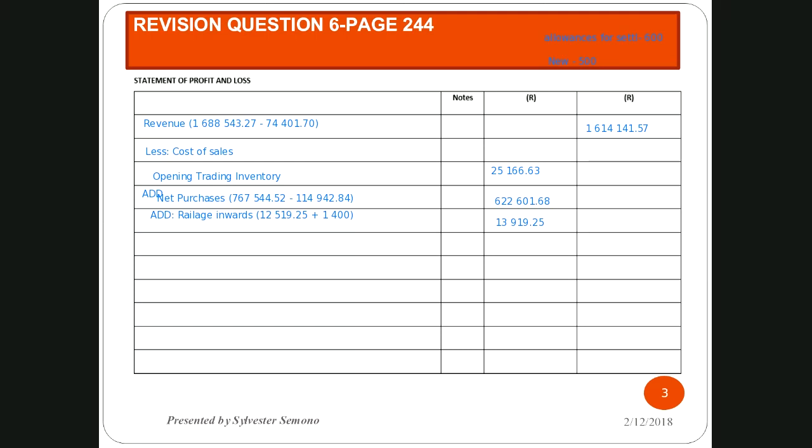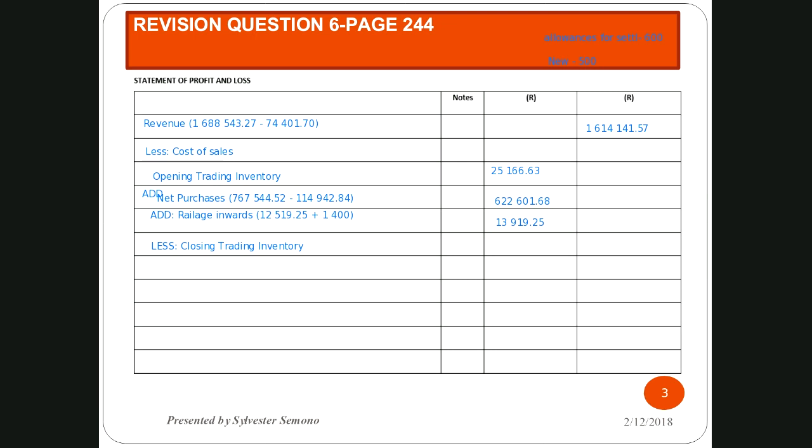If you go to the adjustments, number 12, we've got the trading inventory on hand of 23,243.80. We just put it as it is. Let's put brackets for control so that we do not forget that we need to deduct this.